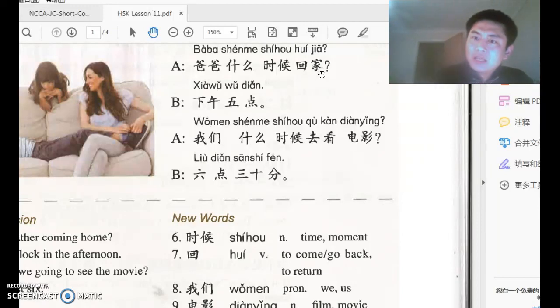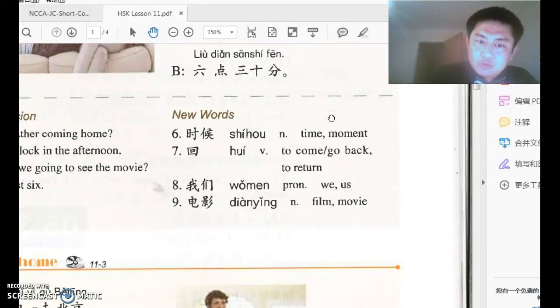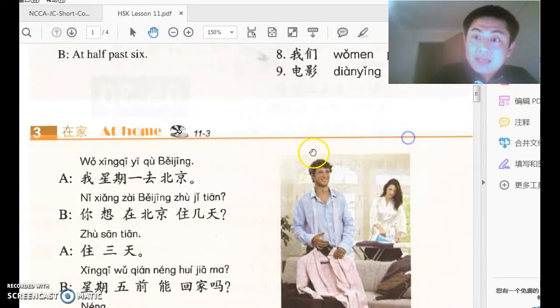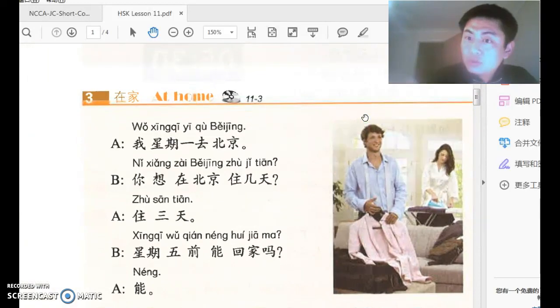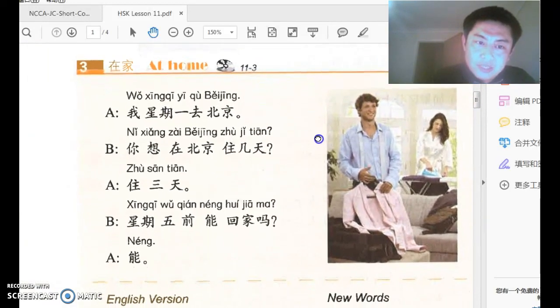We can't treat home like other places that you can just go to. You have to return home. It's actually beautiful if you think about it. We treat the word home differently from any other space in terms of going to. So we say 回家 instead of 去家.